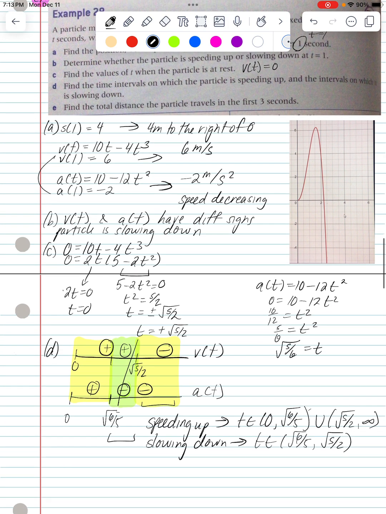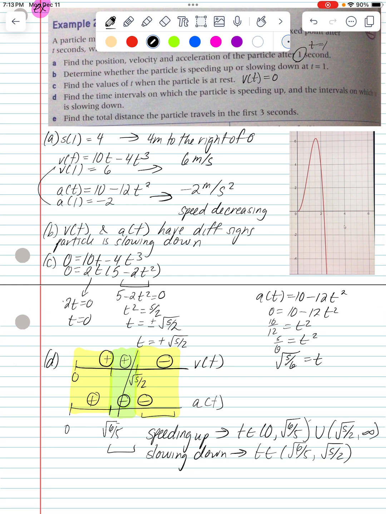Okay. And then the last question says, find the total distance the particle has traveled in the first 3 seconds. So similar to the last problem, you're going to test from the origin to any turning point. So the turning point we actually found was here. It was when it was at rest. So that is root 5 over 2, until we reach 3, which is the end point that it wants us to test.